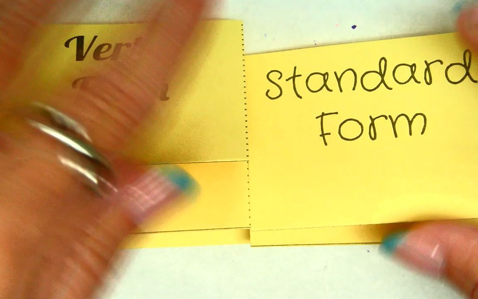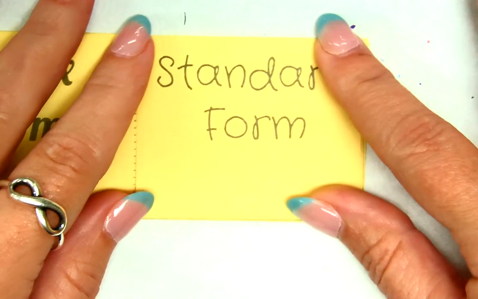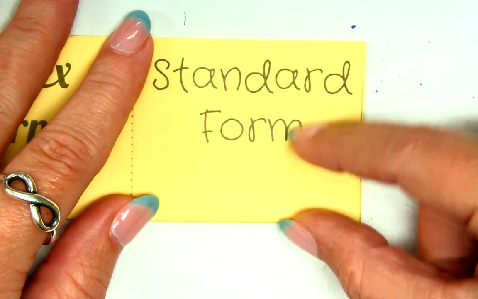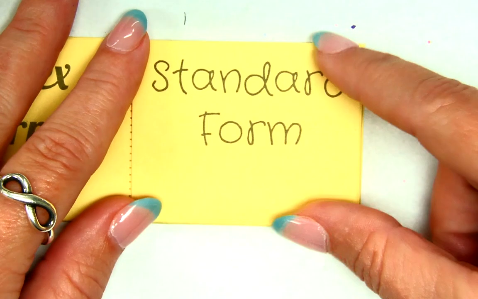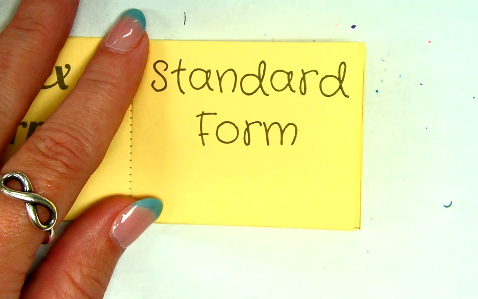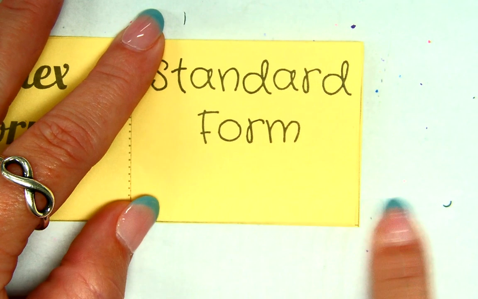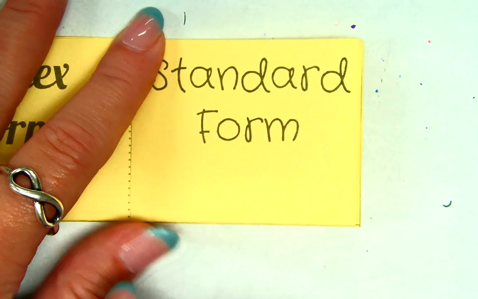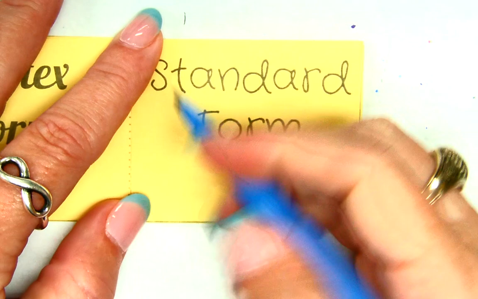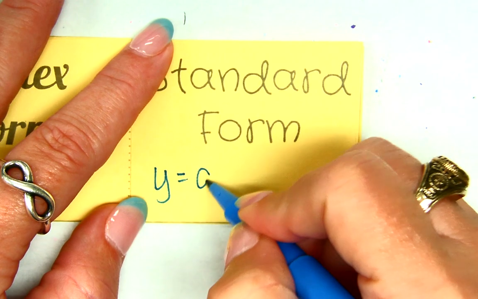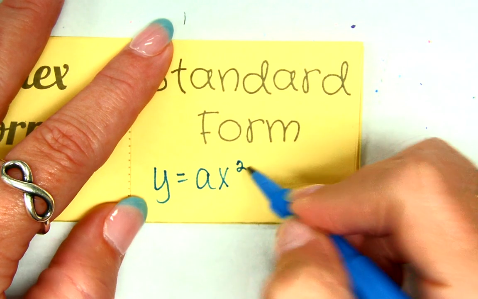Okay? So we're going to start with standard form. So, were you all judging me because it's not centered on the little rectangle? Yes, of course you were. I'm just teasing. I did it this way on purpose because we're about to write what standard form is right in this space. Standard form of a parabola is y equals ax squared.